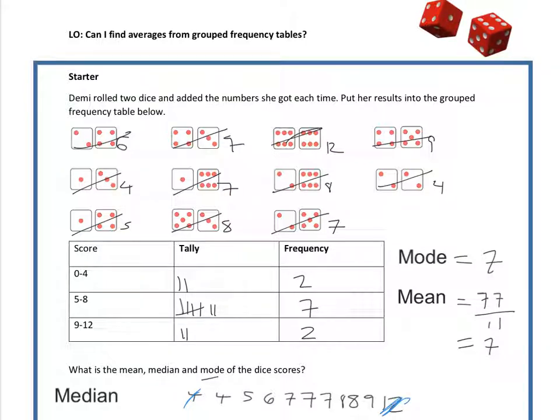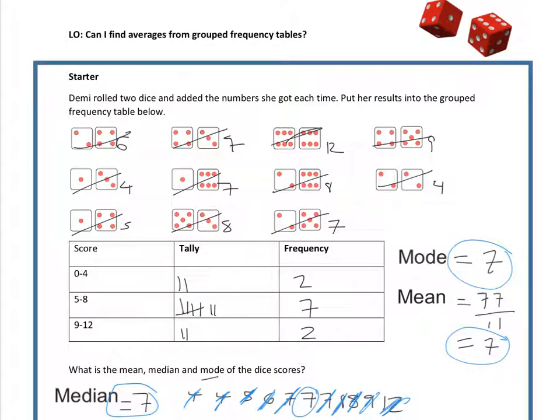So that's 1 off each end, next one, and so our median is our middle number, which is 7. So all of our answers, median, mean and mode, were all 7. But they won't necessarily always all be the same.